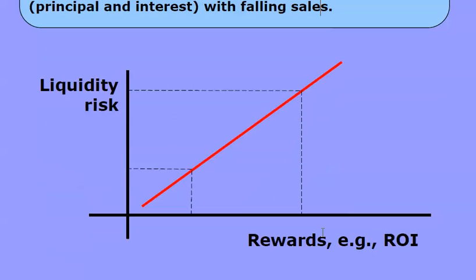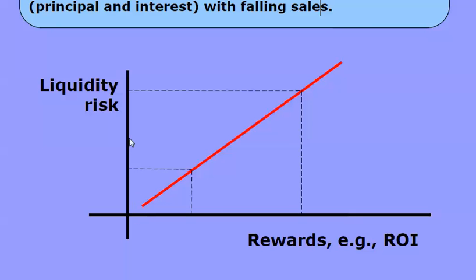And here's a graph that's probably worth remembering. Liquidity risk. At low levels of gearing, there's very little risk because there's hardly any debt to repay with interest. But the rewards in terms of return on investment and return on assets are going to be relatively low.